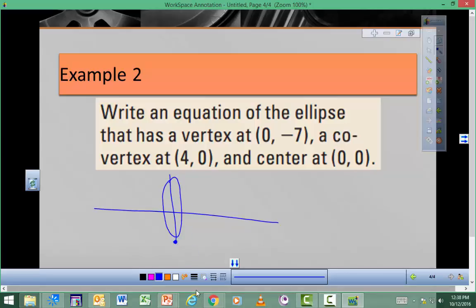Now we don't need the graph, so I just did a little sketch. But I know it's going to be this setup here. I don't care whether you write the y squared term first or the x squared, it doesn't really matter. You're going to have this setup here. You're going to have equals 1.